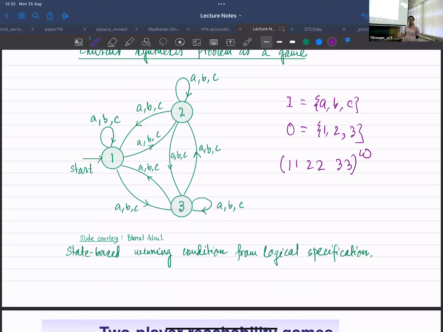This pattern has to be repeated, so you need some memory. Why? Because initially, suppose you start from here, then once the input comes, you would like to stay here. Then again the input comes, you stay here. After that, you know that you have already been here twice, so now you need to output 2. So I'll go there, and then I will stay there twice, and so on. So this policy requires some amount of memory.